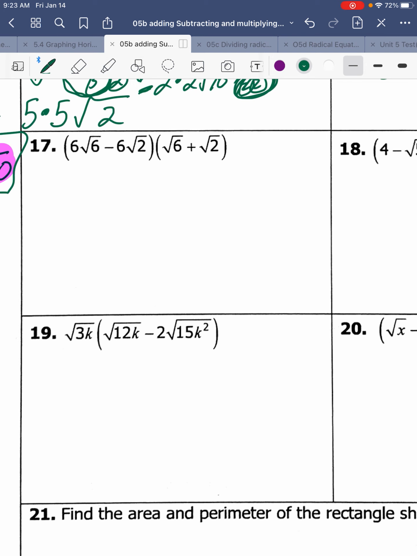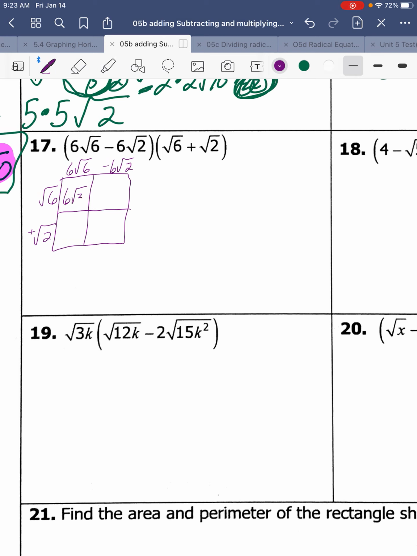All right, let's take a look at number 17. So I'm going to do the Punnett Square again. A little bit easier to do the organizer, especially with the coefficients and the radicals, I think. Square root of 6 and a positive square root of 2. So that's a plus. Multiply the first two out. 6 square root of 6 times the square root of 6.